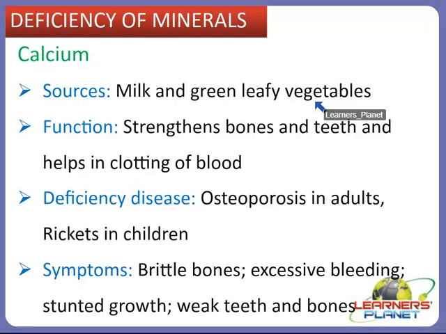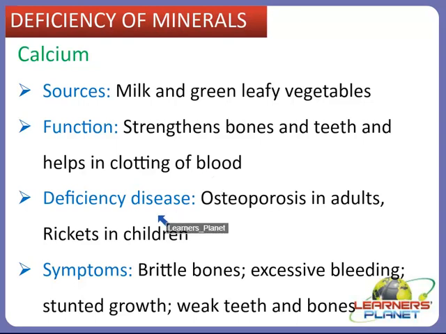There are other fruits also which contain some amount of calcium, and even nuts like almonds and grains like oats also contain calcium. So there are many components of food which contain calcium. Out of them, milk is a rich source, and the function of calcium is that it strengthens our bones and teeth and also helps in clotting of blood in the same way as vitamin K, right?